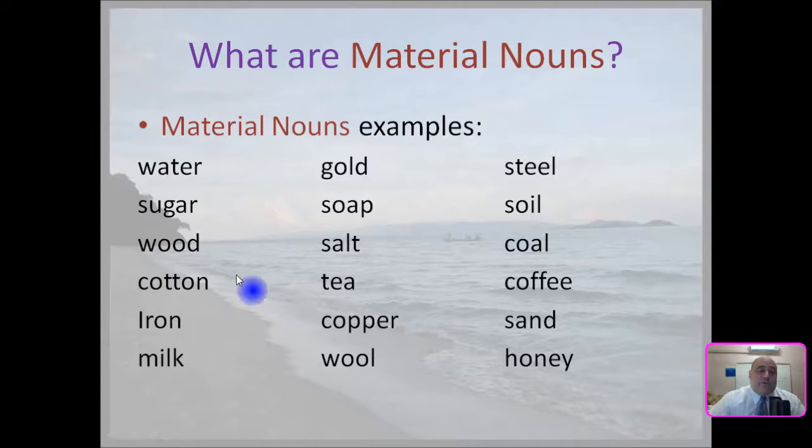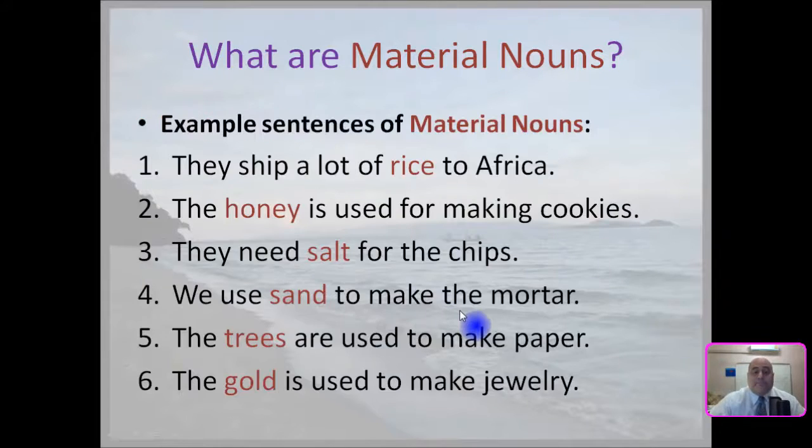Examples of material nouns: water, gold, steel, sugar, soap, soil, wood, salt, coal, cotton, tea, coffee, iron, copper, sand, milk, wool, honey. These are all natural resources, natural raw resources that we use to make other things, so we call them material nouns.